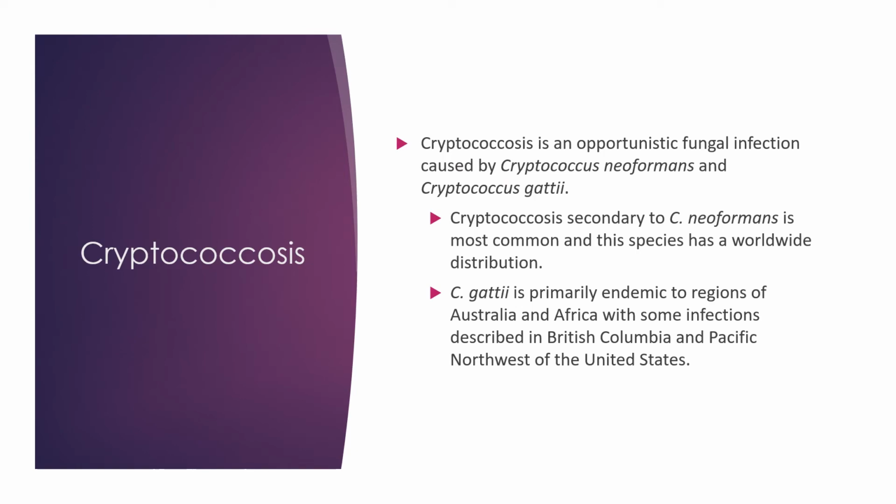So I'm primarily going to go into Cryptococcus neoformans, but cryptococcosis is caused by either Cryptococcus neoformans or Cryptococcus gattii. Infection due to C. neoformans is most common, and this has a worldwide distribution. C. gattii is primarily endemic to regions of Australia, Africa. Some cases, however, have been described in British Columbia and the Pacific Northwest of the US.